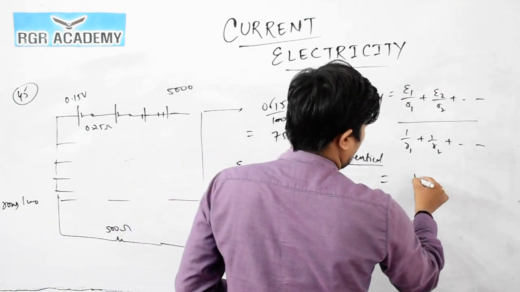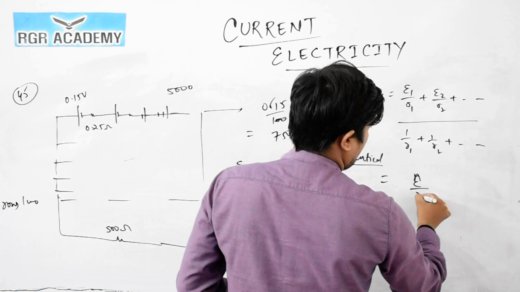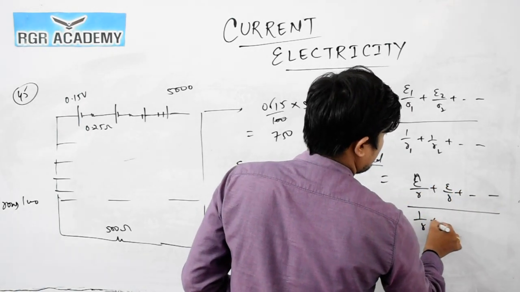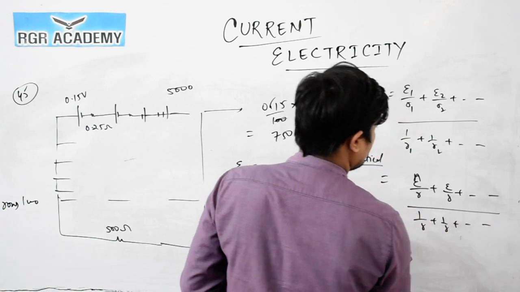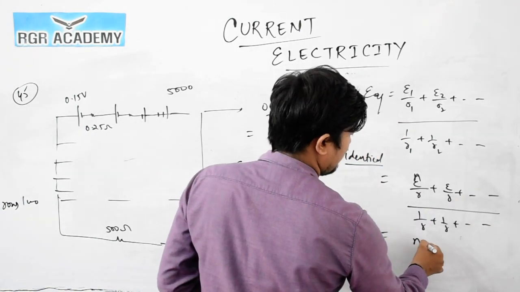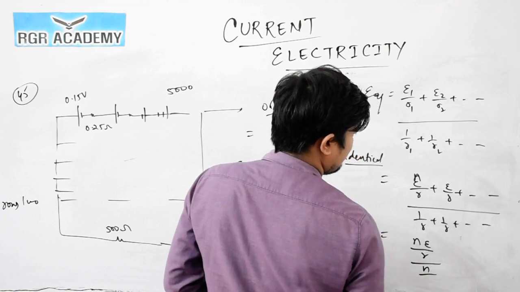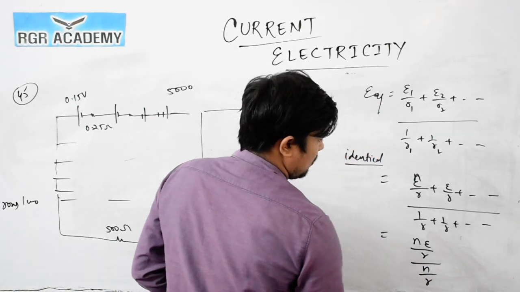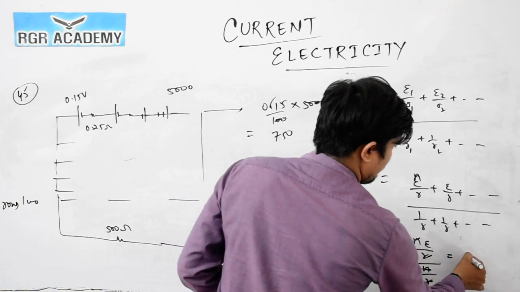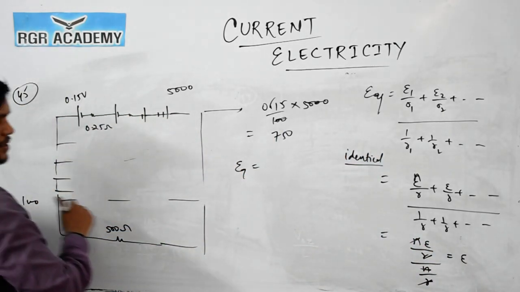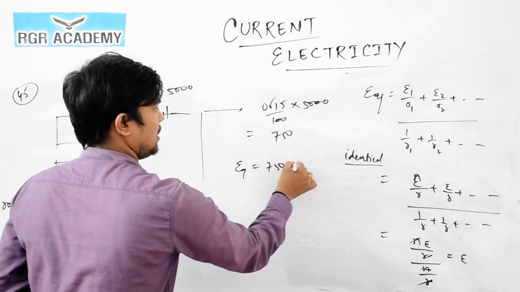So this will become E by R plus E by R, divided by 1 by R plus 1 by R. If you consider n cells, this becomes nE by R divided by n by R. R and R will cancel, n and n will cancel, so the equivalent will be E. So the equivalent EMF of this combination will be 750 volts.